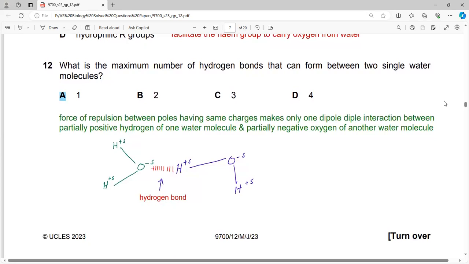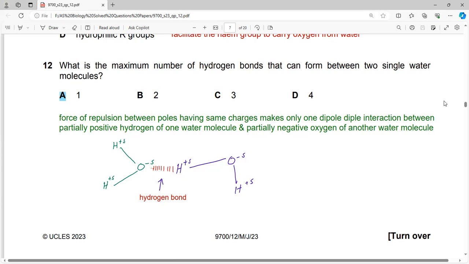What is the maximum number of hydrogen bonds that can form between two single water molecules? So what is a hydrogen bond? It's a force of attraction between the partially positive hydrogen atom of one water molecule and the partially negative oxygen atom of another water molecule.